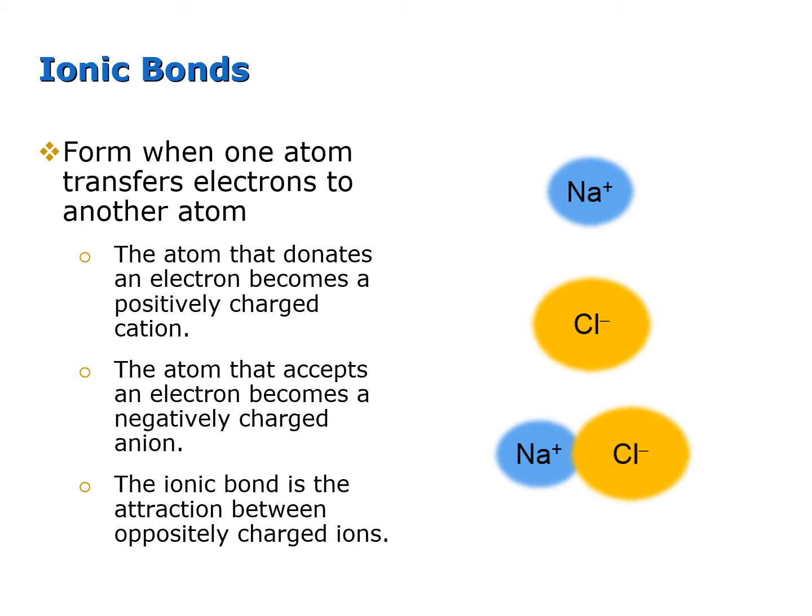By accepting an electron, chlorine will become negatively charged because the number of electrons will be 18 for the chlorine, while the protons in the nucleus for chlorine is still 17. It doesn't change. Now I will have a positive particle, the sodium, that will be attracted by a negative particle, chlorine. Those two opposites will attract each other and will connect, forming what is called an ionic bond due to their different opposite charged qualities.